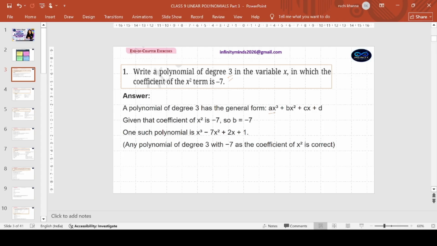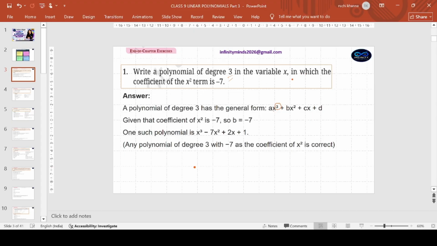So a general form can be written as ax cube plus bx square plus cx plus d. Basically, it's an expression in a single variable x. The highest power is 3 and the rest follows, in the decreasing order of the powers.